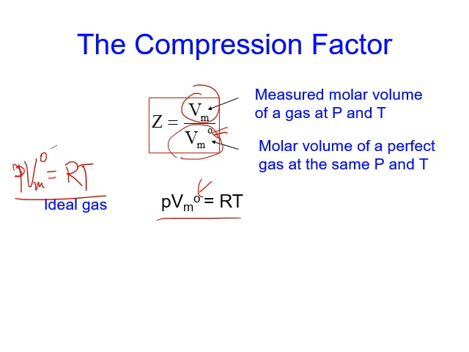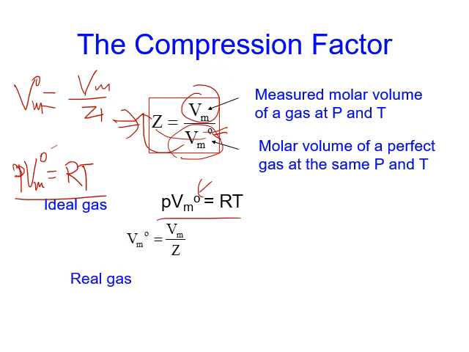Now, from this definition of the Z factor, we can modify this equation to find the relation between V naught and Vm. So V naught should equal Vm divided by Z, right? You just move Z down.